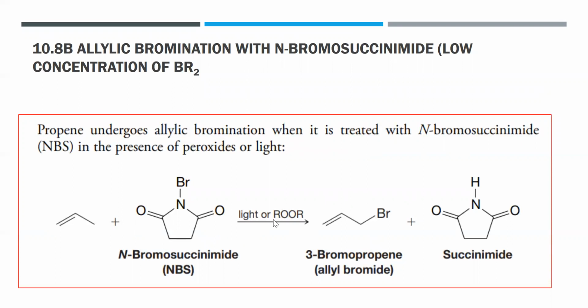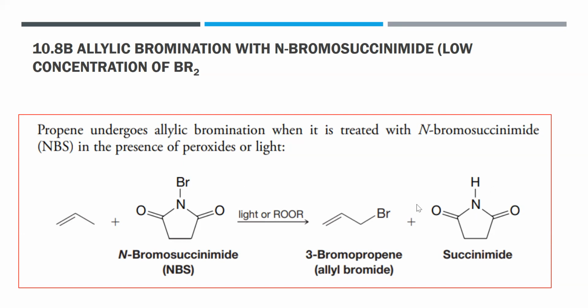We actually obtain a substitution reaction here. The NBS, or N-bromosuccinimide, will be our source of bromine, and what we will get in the product is succinimide.